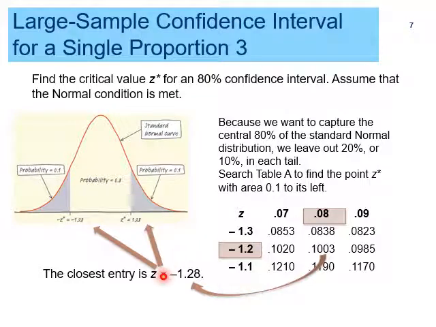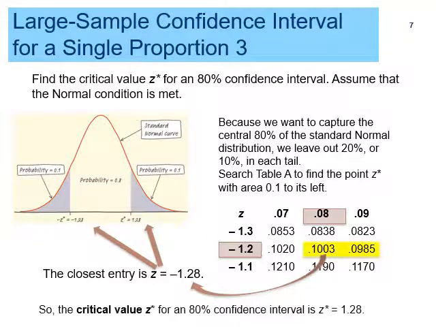Here we are considering 0.1, and the nearest value is 0.1003. This gives a critical value of minus 1.28, and the software also gives minus 1.28 and plus 1.28, so we have the value.